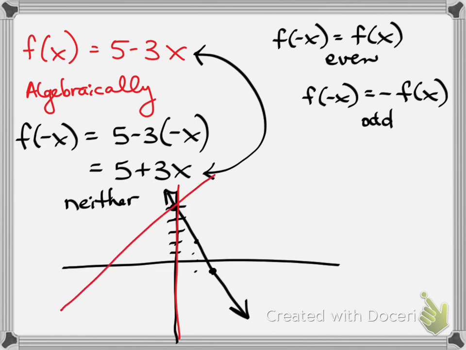There's nothing over there for it to match with. Right? It does not line up on itself. Doesn't have symmetry with the y. And symmetry with the x says, take this, flip it over the x. Now take that and flip it over the y. Did that line up on this other piece? No, not at all. So it's neither.